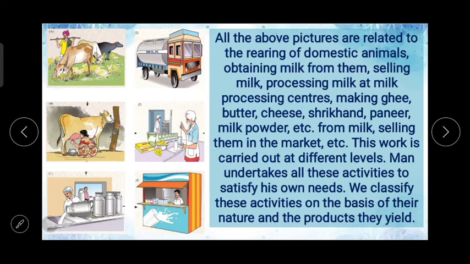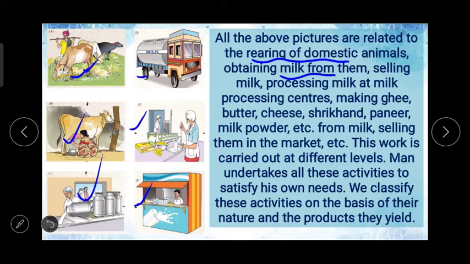And here now, if we go for the answers or the explanation of this, all the above pictures, A, B, C, D, E and F, are related to the rearing of domestic animals and obtaining milk from them. So the first answer, based on picture A, is rearing of domestic animals. Then second one, obtaining milk from them.